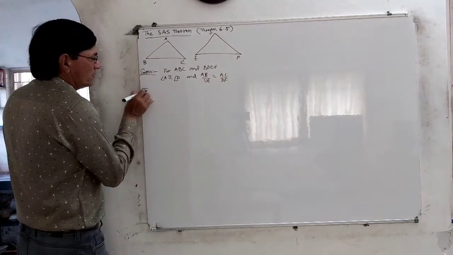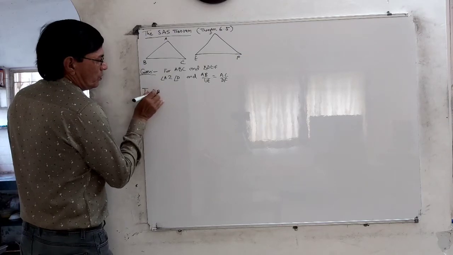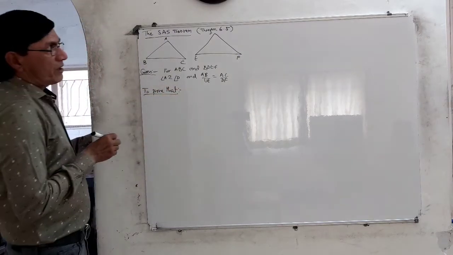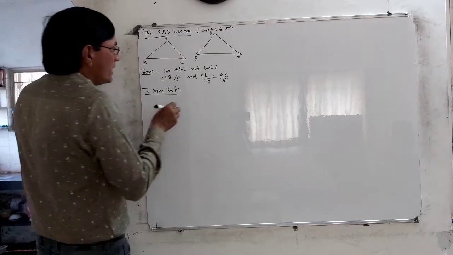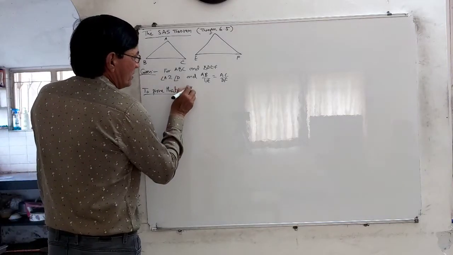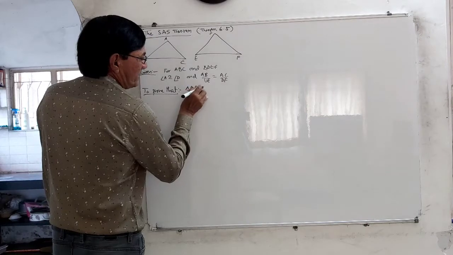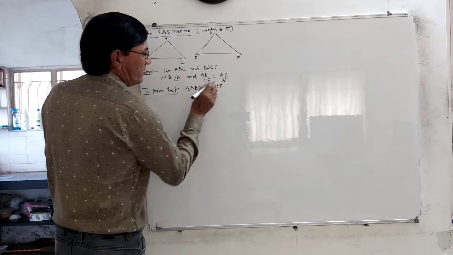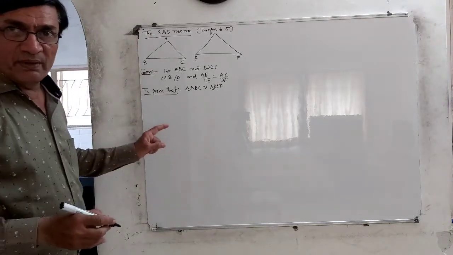To prove that, now what are we supposed to prove? We are supposed to prove that triangle ABC is similar to triangle DEF. Once again, what are we given?